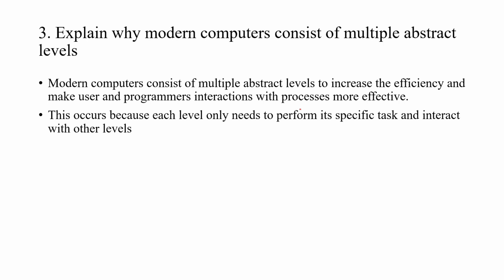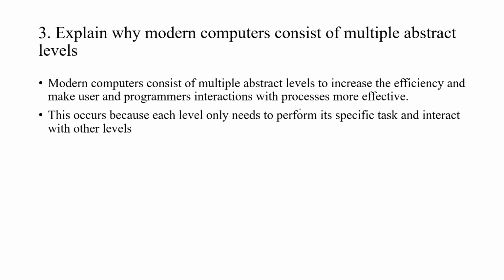If you remember the divide and conquer rule when creating these higher level computers, it allows us to separate these levels to perform specific tasks, and allows us to interact with all the levels.